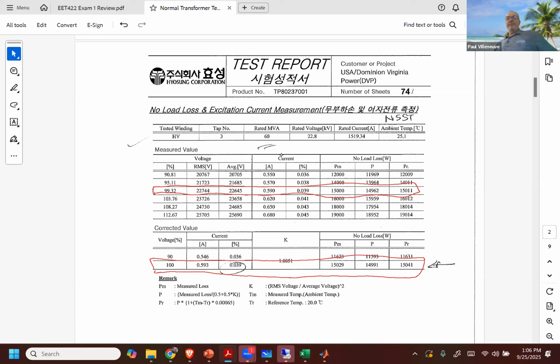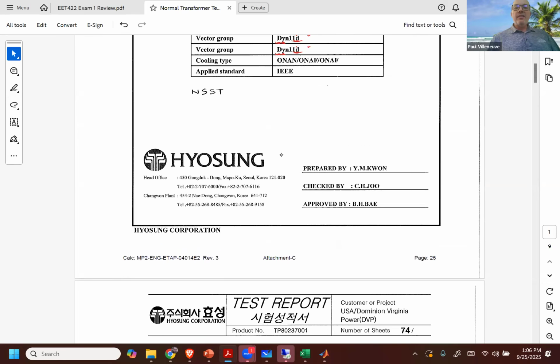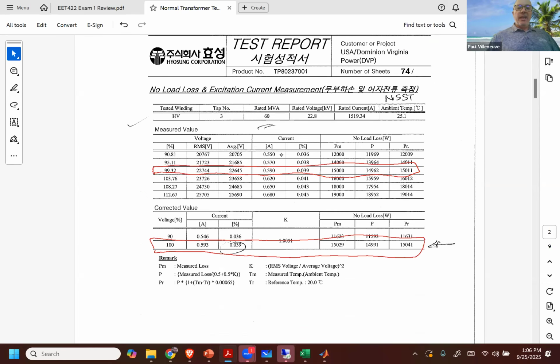Okay. So that's our no load loss test. So we can see that our voltage is going to be equal to, is it 22.6? 22.8. So we have V no load is equal to 22.8 kV. That's 100%.